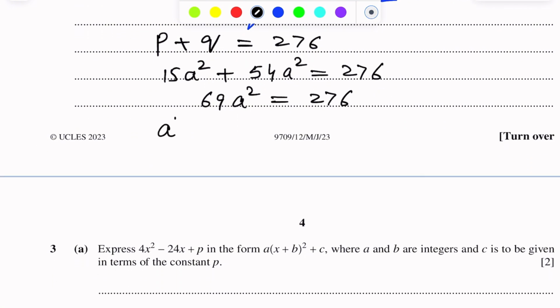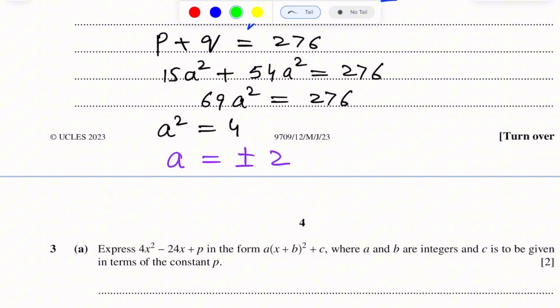So a^2 is equal to 4. Taking square root each side, the possible values of a are plus minus 2. This is the final answer.